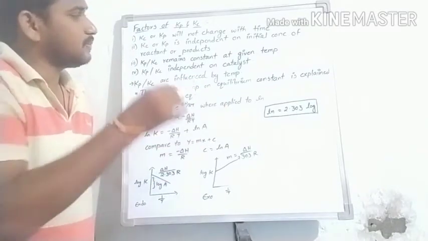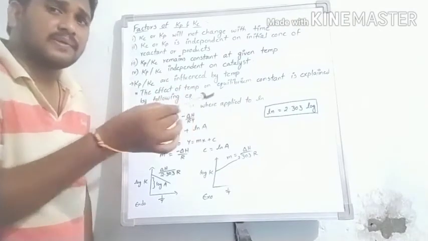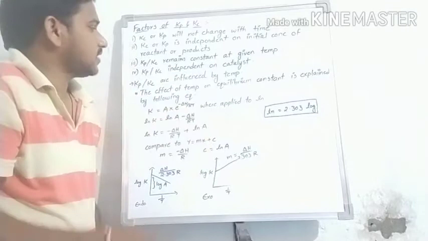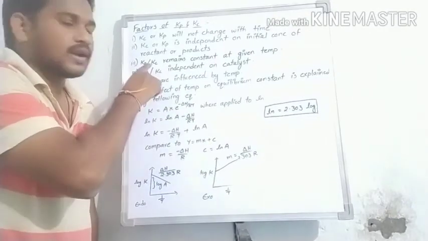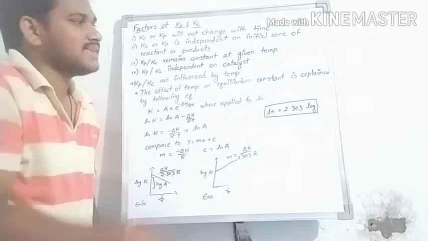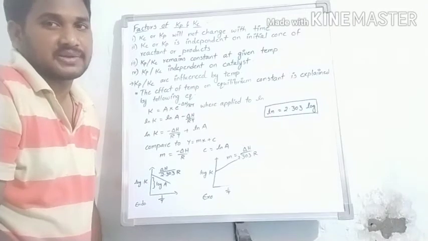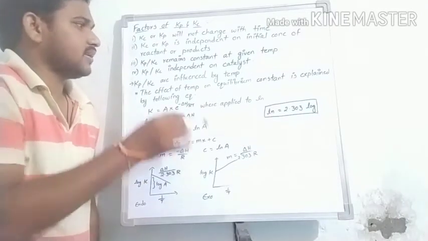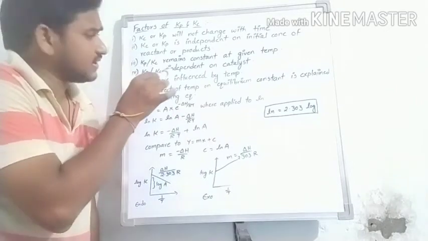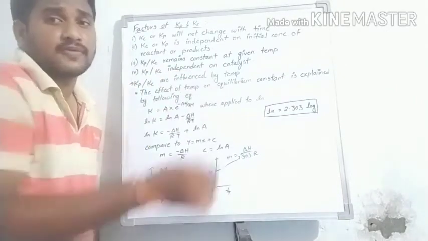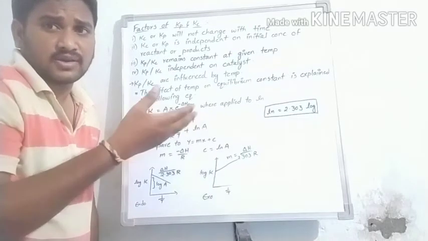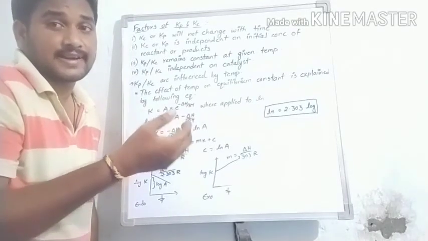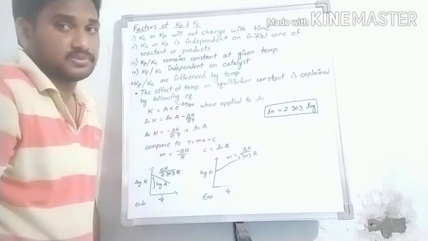One more, Kp or Kc remains constant at a given temperature. Also, Kp or Kc is independent of the catalyst. We already discussed that a catalyst cannot affect the equilibrium position.